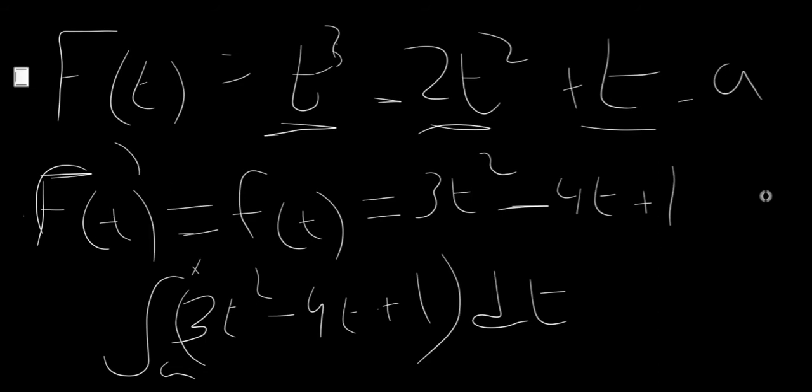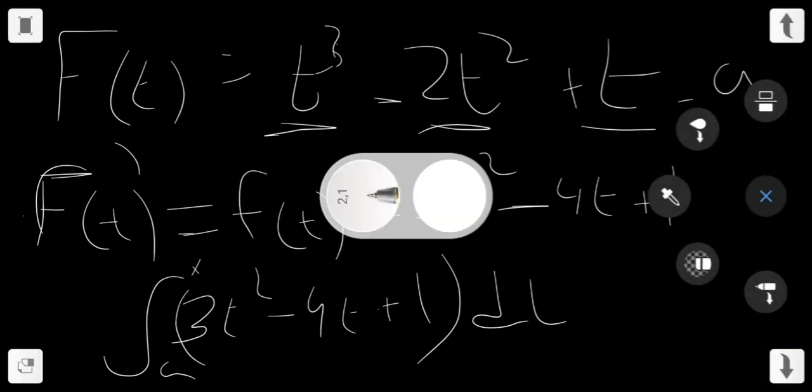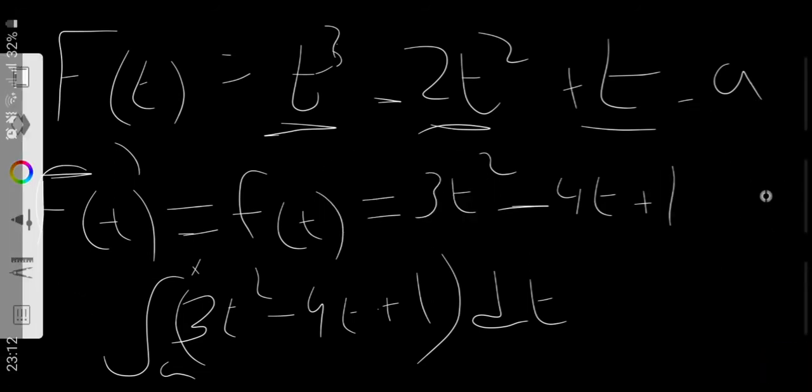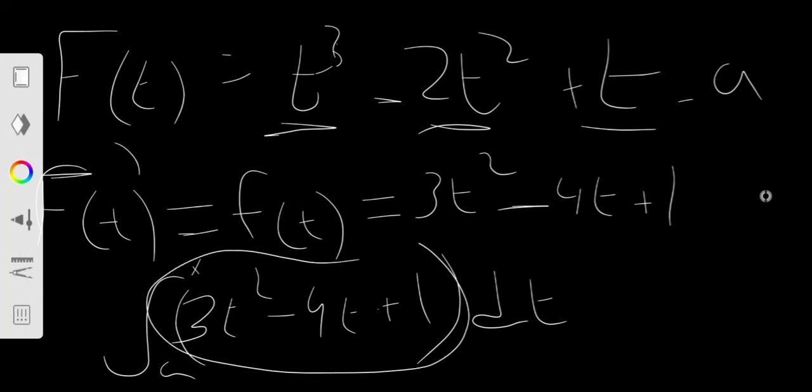Because this is our small f of t. If we integrate this, we should find f of t, right? So by integrating this part over here, this part is small f of t. If we integrate small f of t, remember, we'll find the big f of x, right? Because we are integrating from a to x.